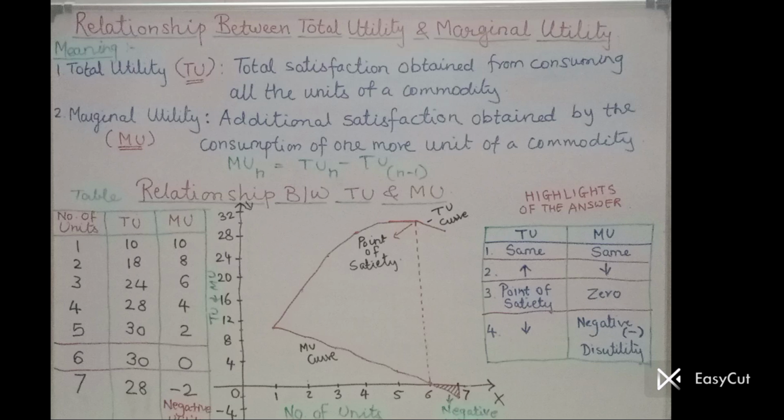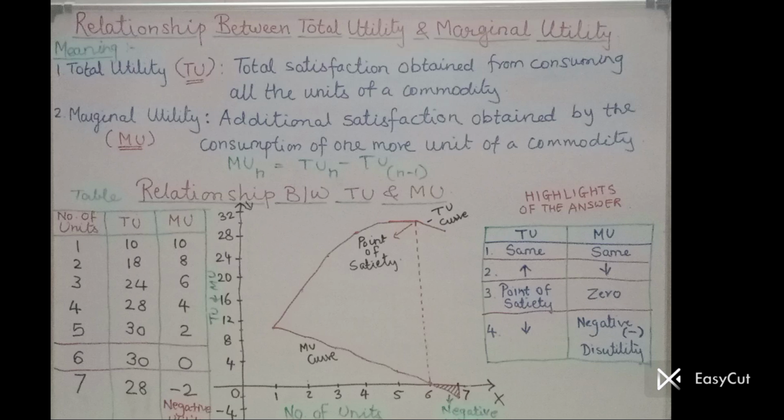But still, if any consumer by chance continues with the consumption, he consumes the seventh unit also, or somebody forces him to continue and offers him forcibly, okay, please consume one more unit, and if he continues with the consumption, then he will certainly experience fall in the total utility. His total utility will decrease as shown in the table.